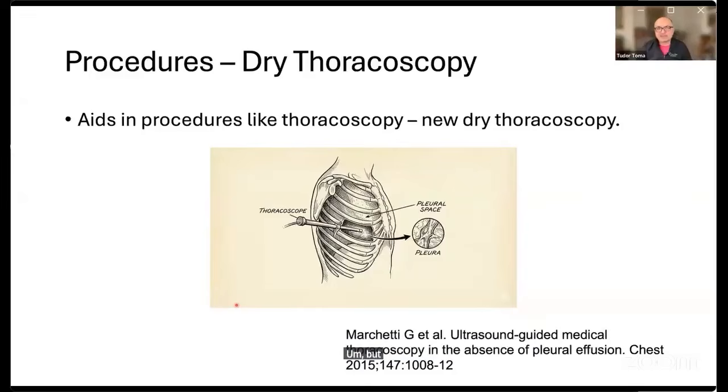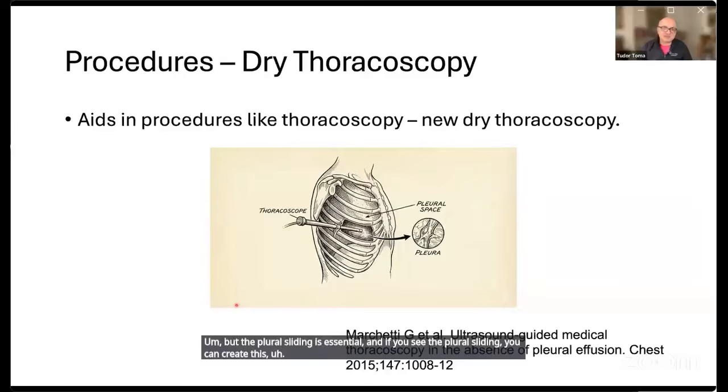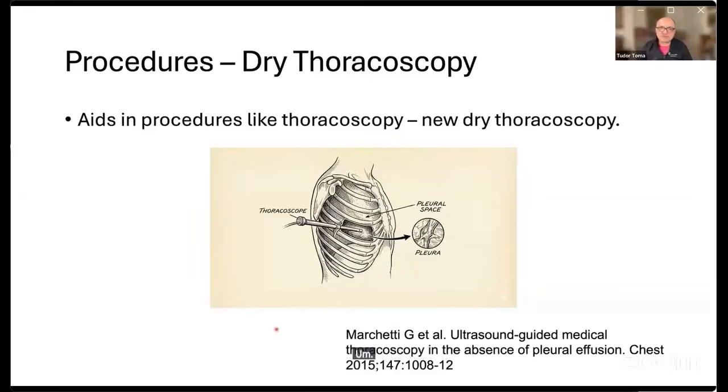But the pleural sliding is essential. And if you see the pleural sliding, you can create this iatrogenic pneumothorax, and then you can go ahead and do the thoracoscopic procedure, which has a benefit for the diagnosis for many of these patients for which there isn't an alternative or an immediate cheaper alternative for the diagnosis.